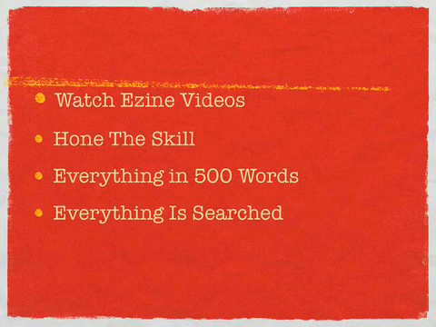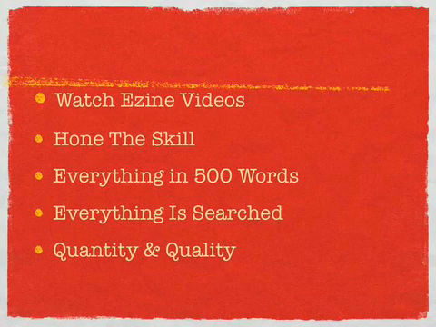Because everything is being searched for at some point in time on the web. The other point to bear in mind is it's about quantity and quality. So of course we want to go for top quality, but there is the element of quantity which plays its role, because the more of them you've got out there, the better it is for you, of course.